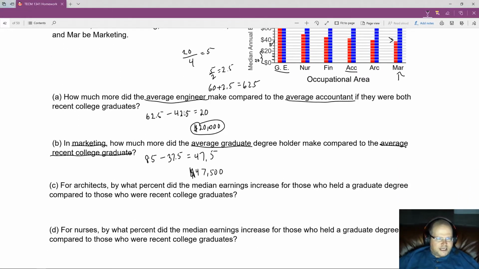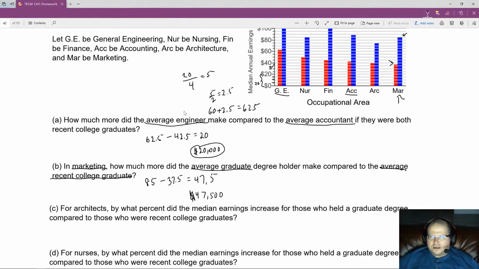So for architects, by what percent did the median earnings increase for those who held a graduate degree compared to those who are recent college graduates? Okay, so we got to go to architects now. Dealing with this one right there, architects. First we're going to do what we did previous to this.